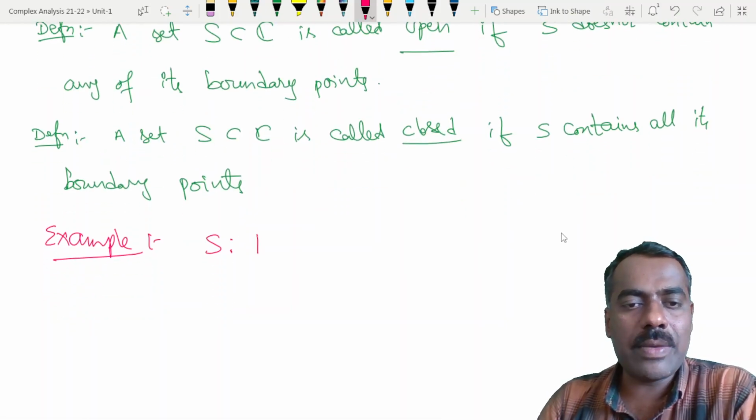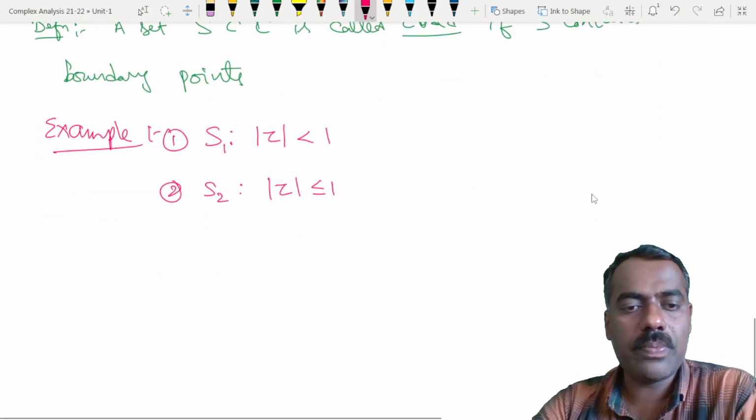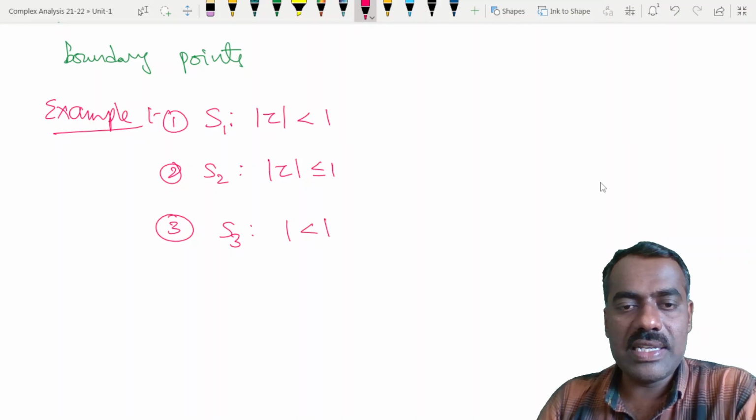If I take S is equal to mod Z less than 1, I'll write this as S1. Then set S2, say this is mod Z less than or equal to 1. Another set S3, which I'll call 1 less than mod Z less than or equal to 3.